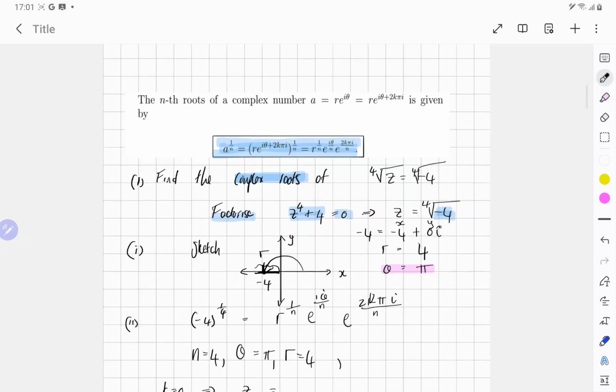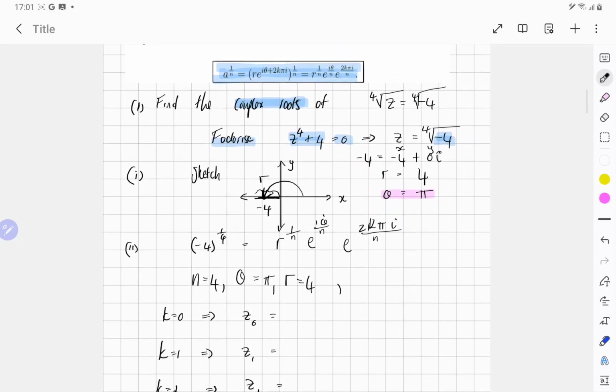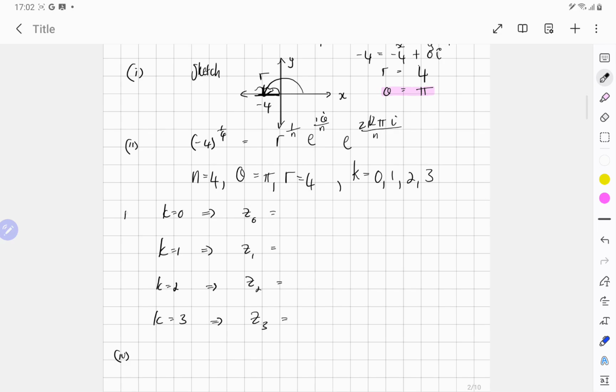Very important, since we are doing the 4th root, we will get 4 roots, with k at 0, k at 1, k at 2, and k at 3. So let's start with this.